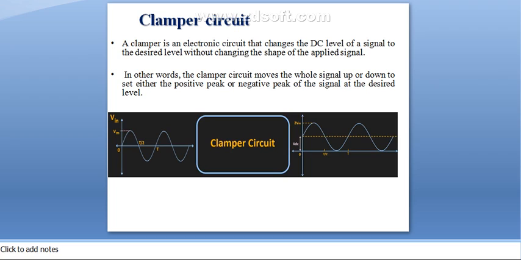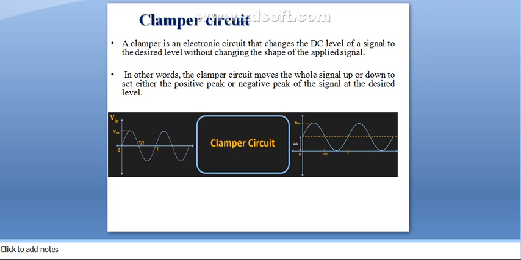Clamping circuits are designed to shift the input waveform either above or below the DC reference level without altering the input voltage.